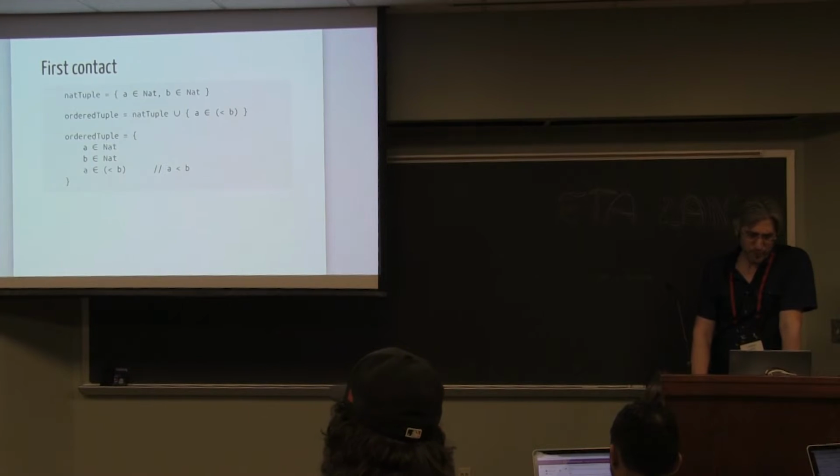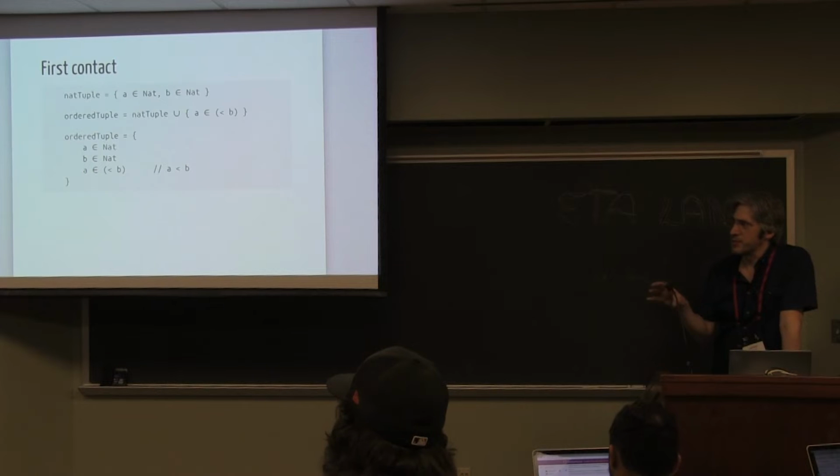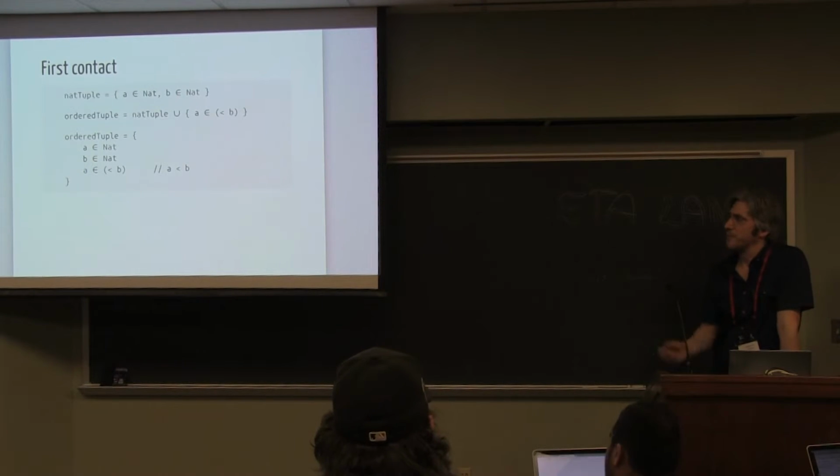So yeah, I think that's quite a key property of structuralism, because we don't care how we build this. We don't care if we added a NAT tuple union with that, or we've written the ordered tuple below directly. We don't care about the provenance of this object. We care about its own structure.